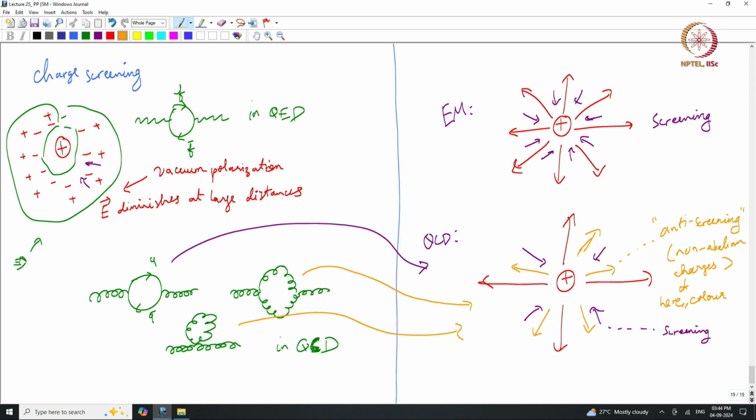So the really interesting thing is, it's not a priori clear which of these two effects would actually win, whether screening is stronger or anti-screening is stronger. So let me just write that down. Which effect wins?